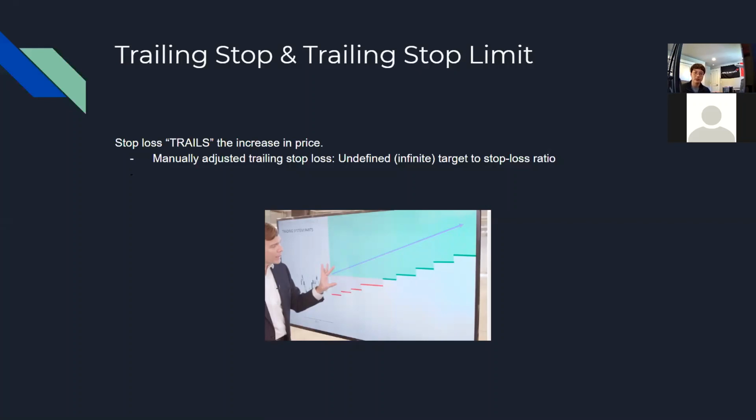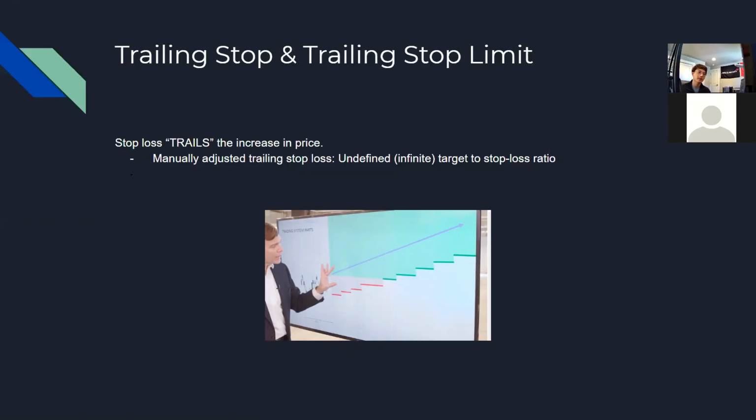Basically, the stock price keeps going up and you don't see it going down in the near future. But in the case that it does, you have the stop loss set at a rational price. It's just going to be following the increase or the uptrend. So when you're manually adjusting the trailing stop loss, you're basically hand ordering the stop losses at different price points.